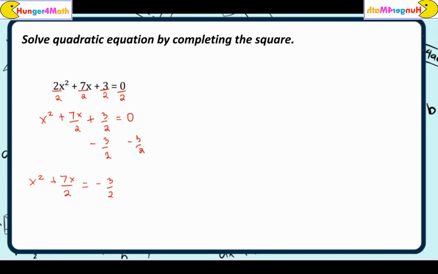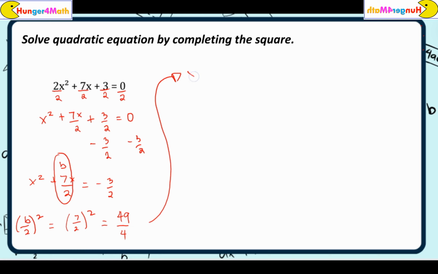Now let's make it a complete square by using (b over 2) squared, wherein the value of b is 7 over 2. So that's equal to (7 over 2) squared, which is equal to 49 over 4. Now that 49 over 4 will be added on both sides of the equation.